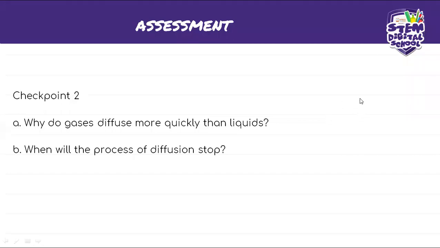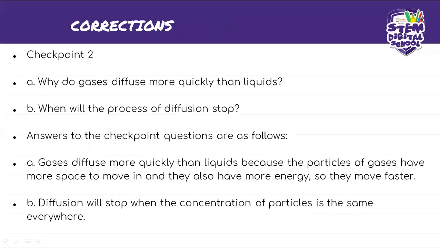So let's see those who will get, this time around, A is 2 marks, B is 2 marks, that's 4. Let's see the one who will get total 4 marks, 100% again. All right, so let's check. Checkpoint 2. Why do gases diffuse more quickly than liquids?